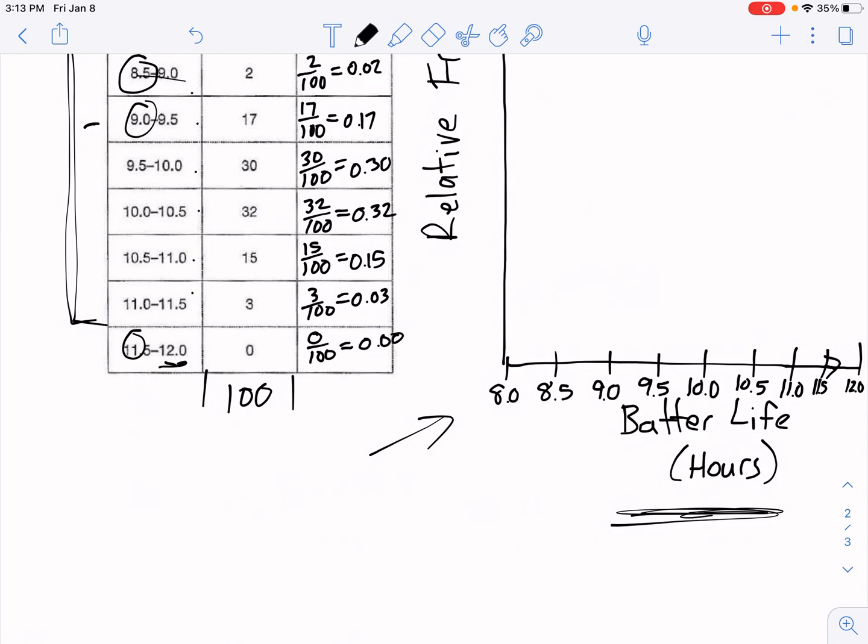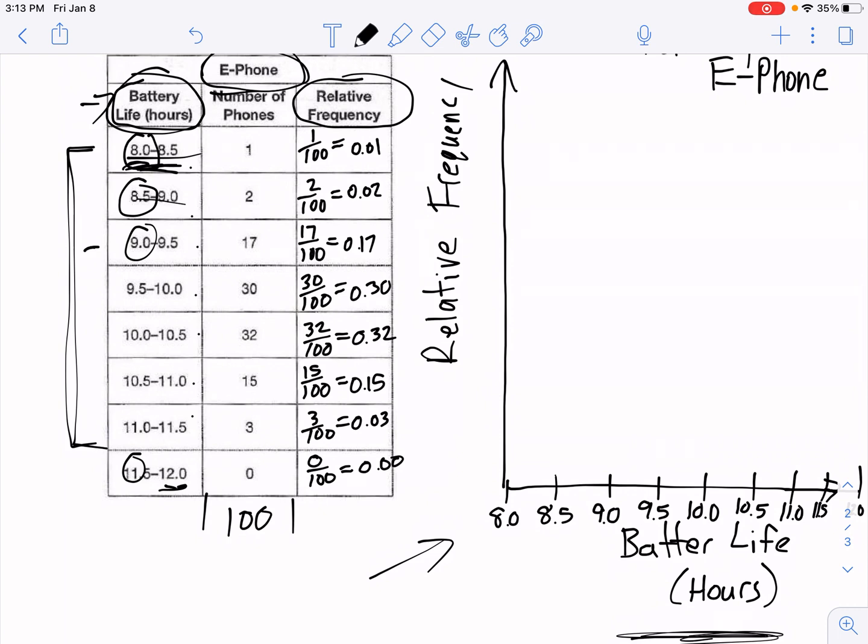Then going on the vertical axis now, we want to go from 0, and then we want to include all the relative frequencies, all these percentages that we labeled here. So we just have to figure out what we want to count by. When I look at this, we're going anywhere from 0 to 32%, correct? So I'm thinking if we count by 5 percentage points, we'll probably be fine.